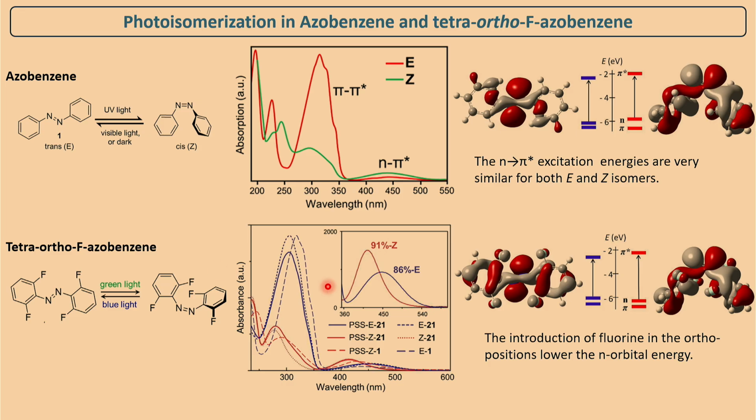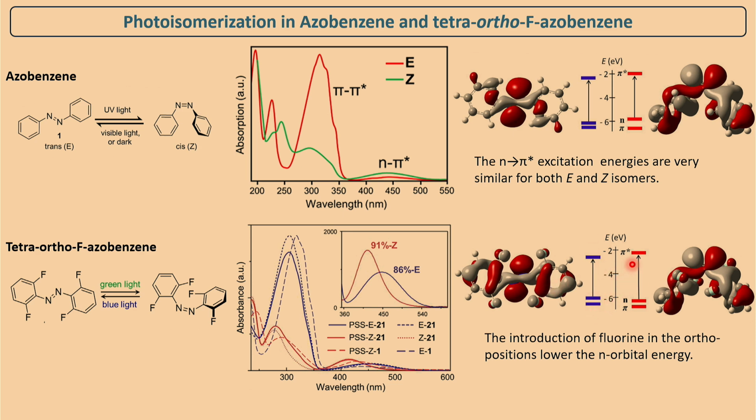So you can see that very interestingly, it can actually have switching into cis in green light. You can get it back using blue light. And the most interesting thing I would like you to note is that because of this fluorine, which are adjacent, because of this electronegativity of fluorine, this actually gets stabilized, and because of that there is a difference between E and Z isomer.